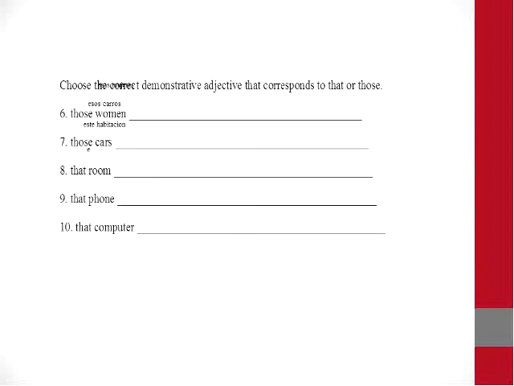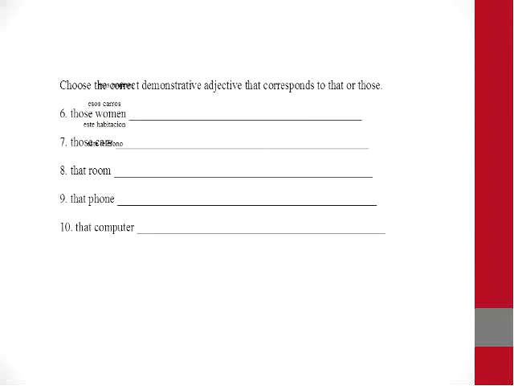Okay, so number 6, we said estas mujeres. Number 7, we said estos carros. What's number 8? That room. Ese cuarto.